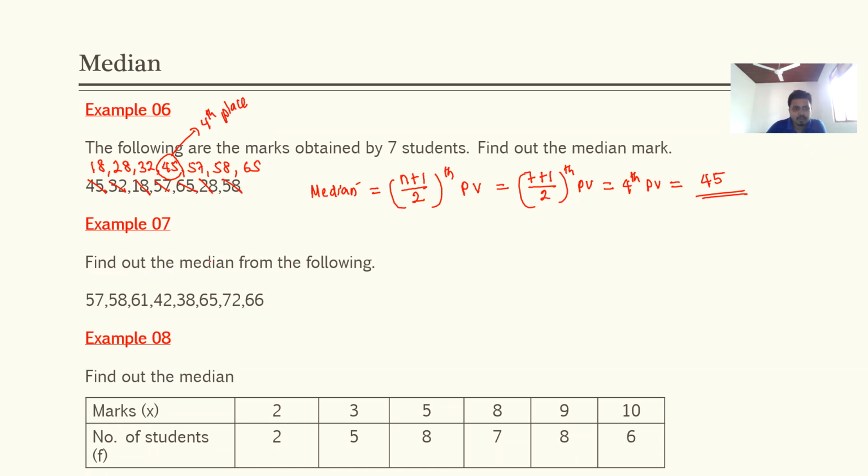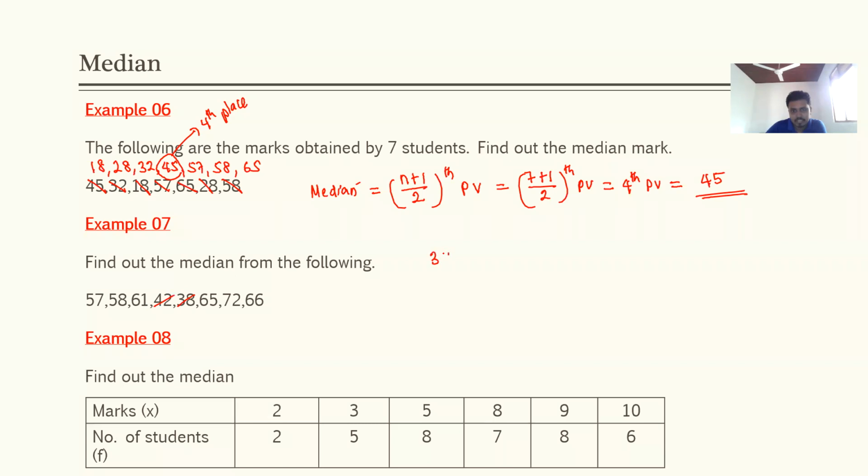Here, find out the median from the following. Again, this is not in any order. So first we need to rearrange this data set in ascending or descending order. Right. The lowest value is 38.